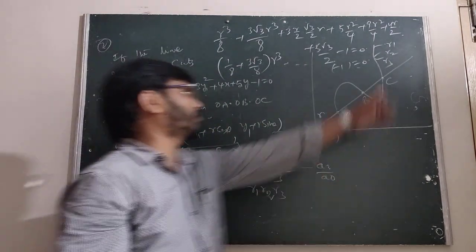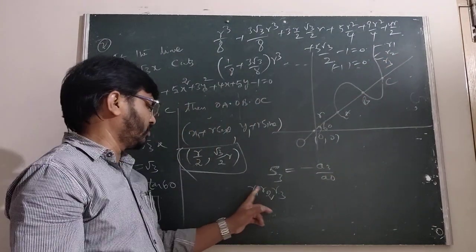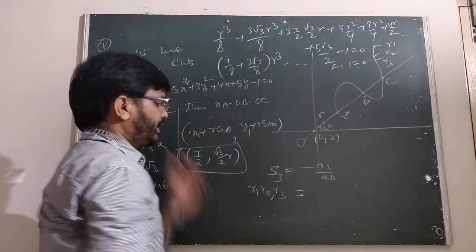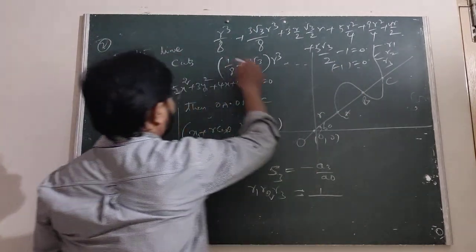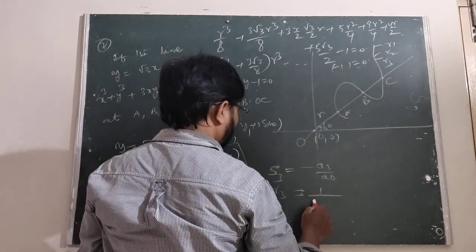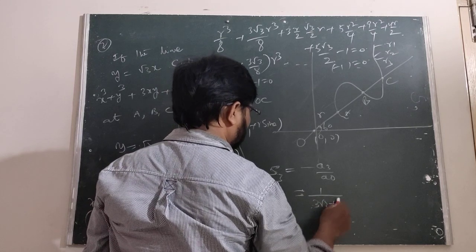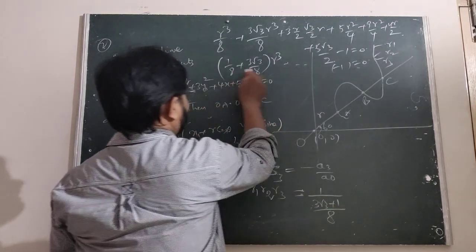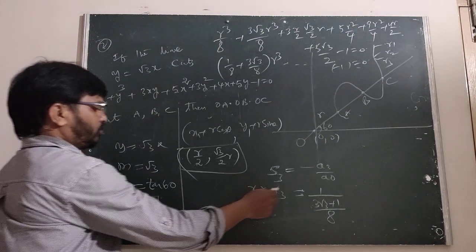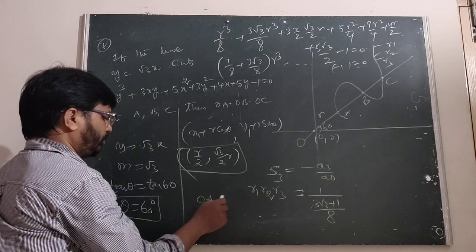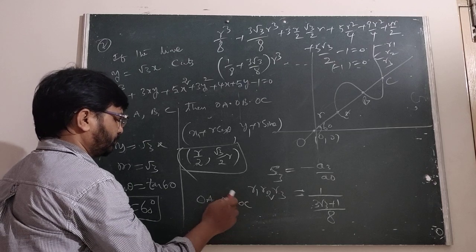But here only r1, r2, r3 are the roots. That means r1 r2 r3 is minus A3, minus of minus 1, whole by A0. Here we are getting 3 root 3 plus 1 whole by 8, taking the LCM as 8. That is A0. Now r1 r2 r3 is OA into OB into OC.